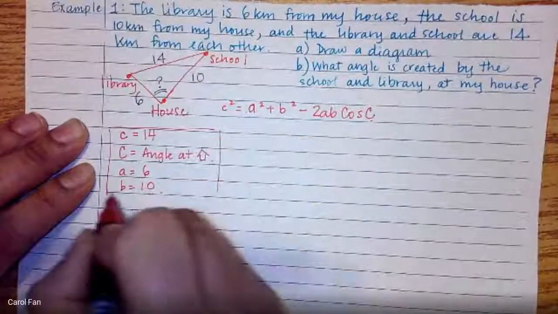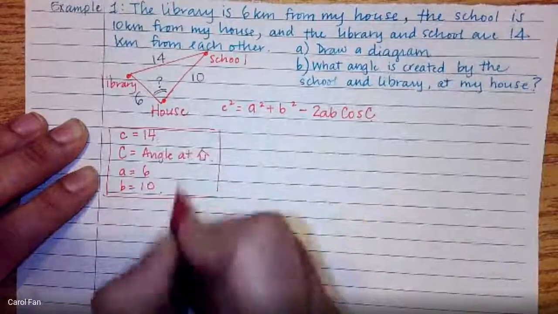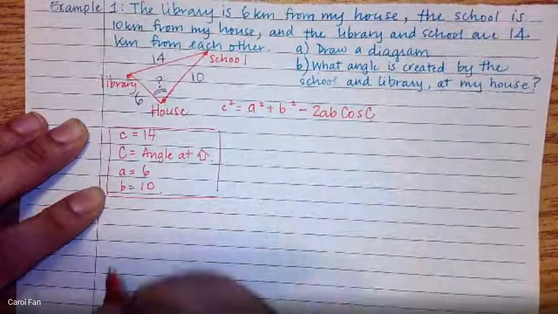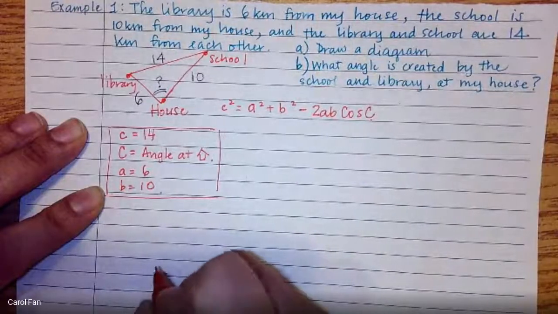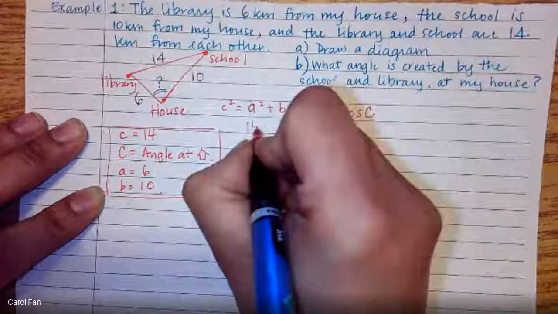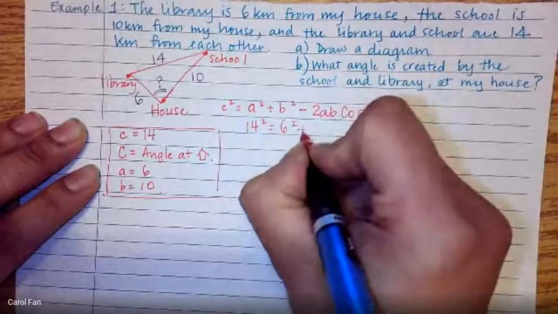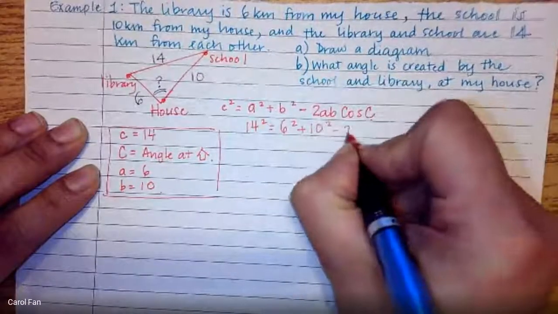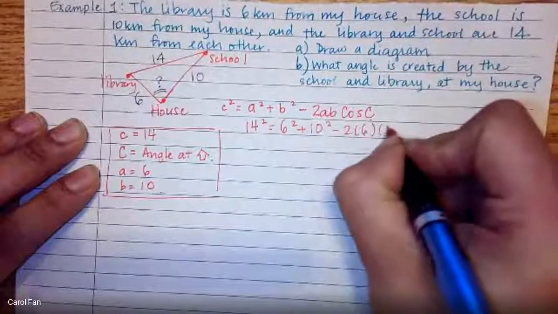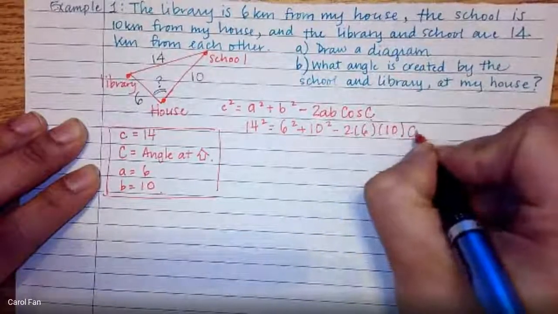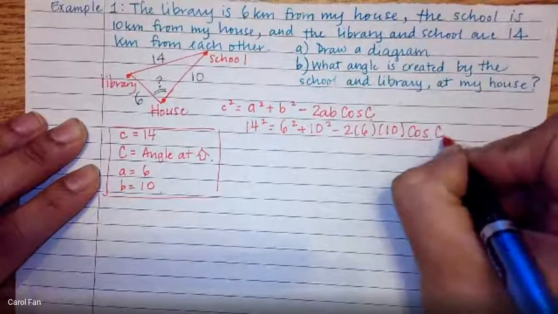Now, I've sorted out all my information. I'm going to fill in my equation so that I could solve it. So I have 14 squared is equal to 6 squared plus 10 squared minus 2 times 6 times 10 cosine C.